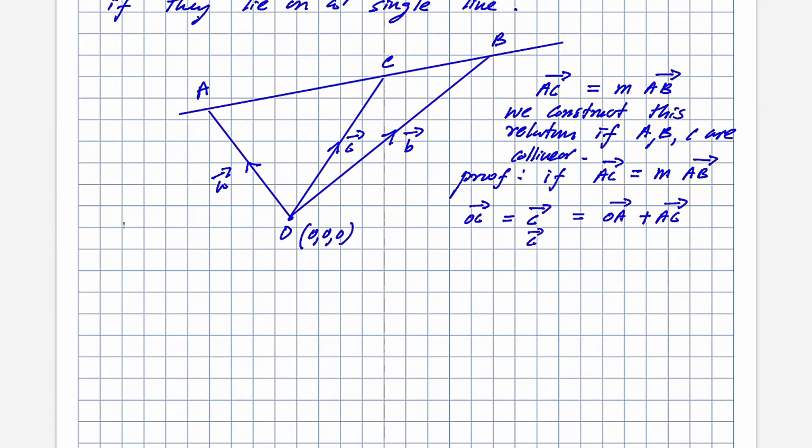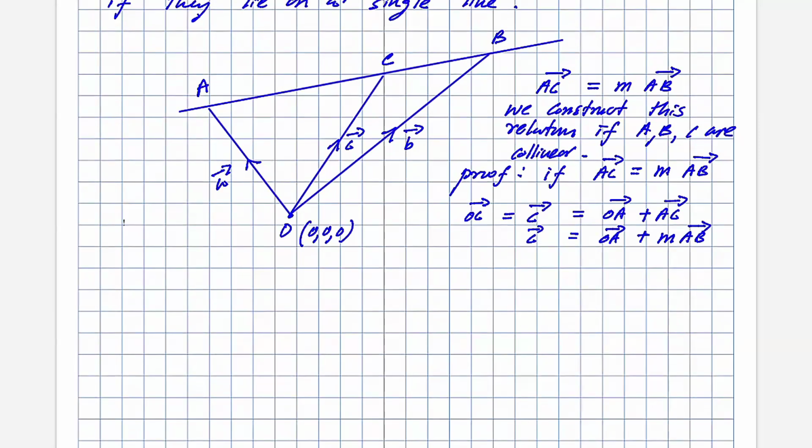That means C vector is OA plus AC, which is M times AB. So now OA is going to be A vector plus M times AB, which is B minus A. And that is C vector.